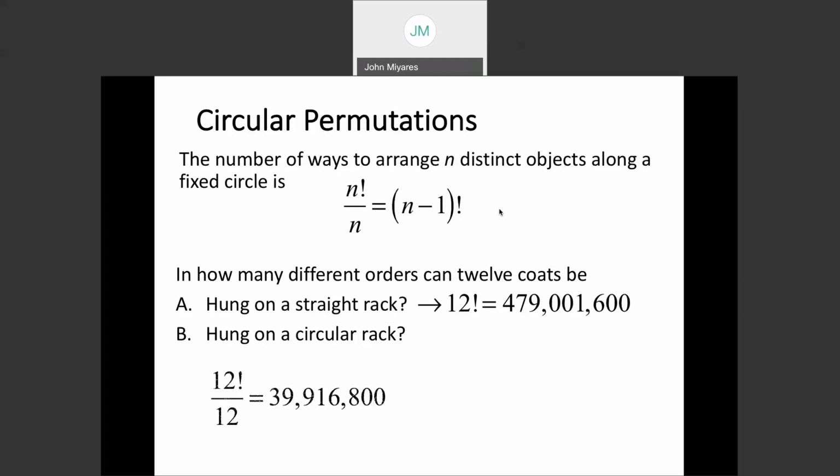For part B, we take the 12 factorial number of ways to put them on the rack and then divide by 12 to account for the number of ways they can be rotated on the circular rack. And we get 12 factorial divided by 12, which happens to also be 11 factorial, to get 39,916,800.